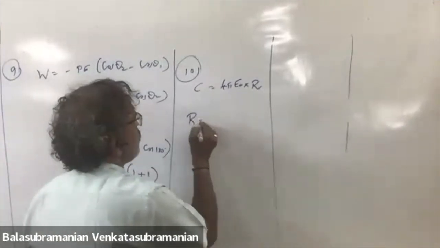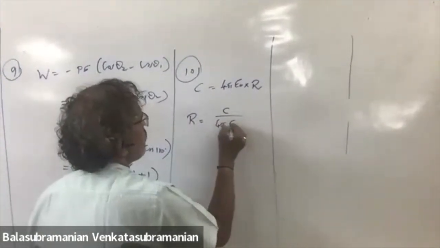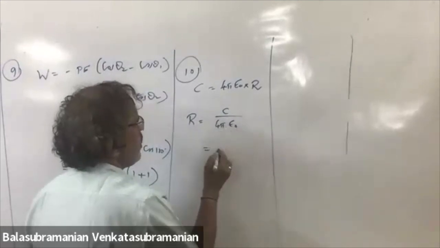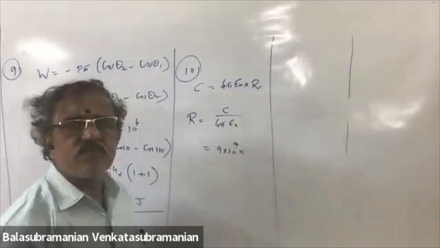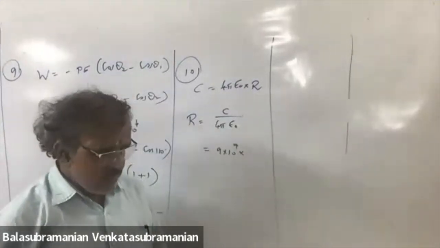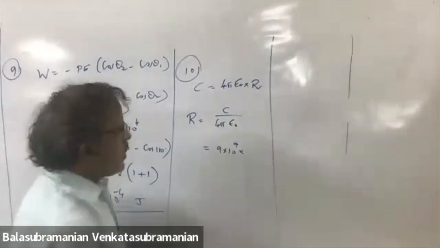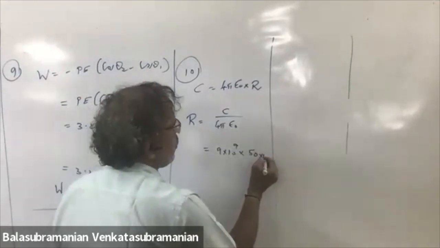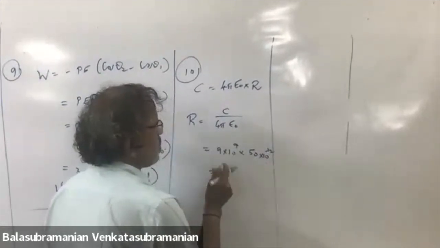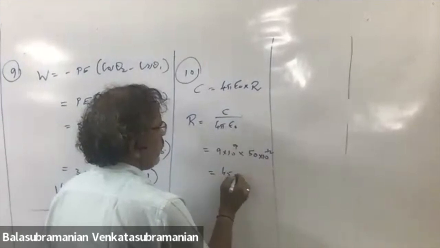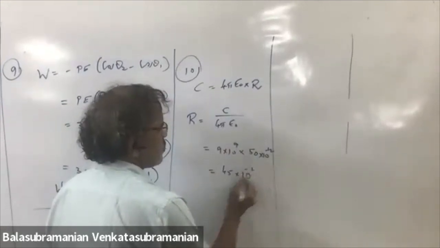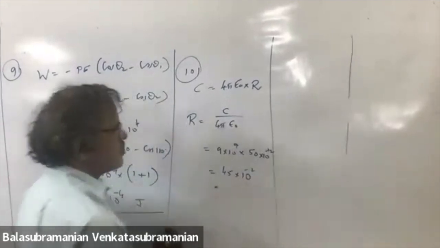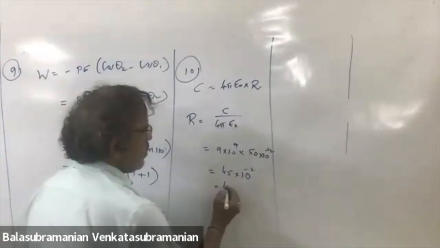So R is equal to C by 4 pi epsilon naught. 1 by 4 pi epsilon naught is 9 into 10 power 9 into capacitance value 50 picofarad. Pico is 10 power minus 12. 9 5s are 45. 10 power 9 into 10 power minus 12 is 10 power minus 3, so 45 centimeter.